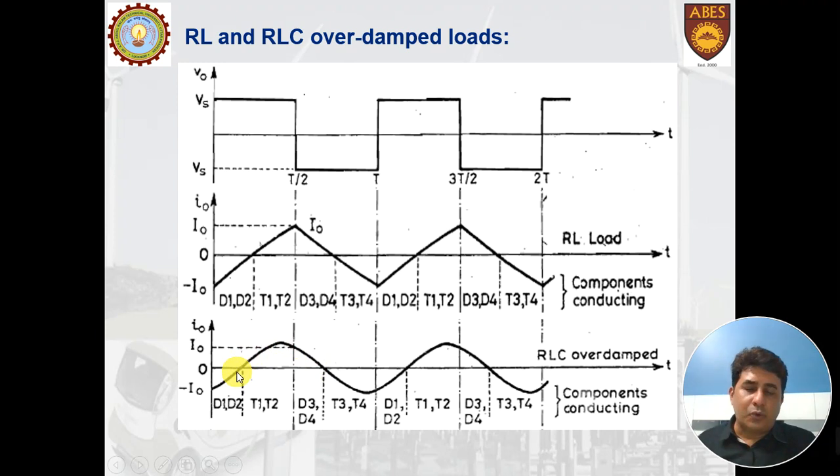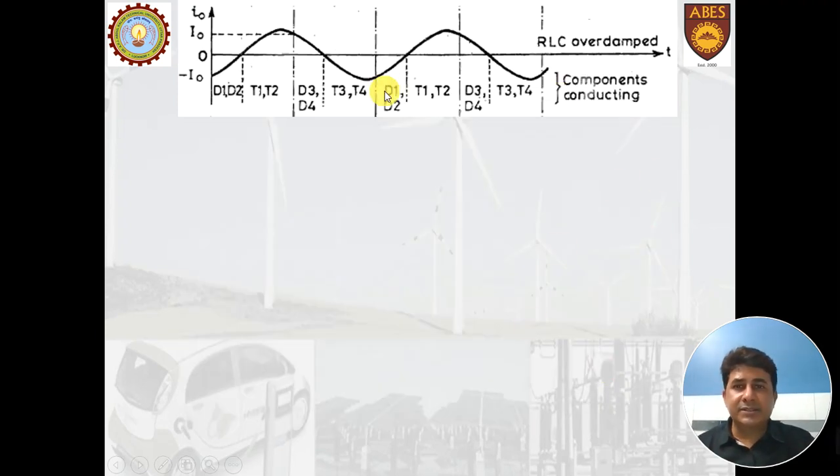Now, how the four devices and the four diodes will conduct? To understand this, let us take any of these two waveforms. Let me take the waveform of the RLC overdamped load.